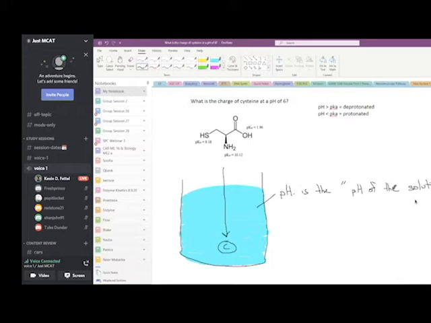And then pKa, the way I want you guys to think about this, the pKa is simply, quote, the pH of the substrate. So pH is the pH of the solution, pKa is the pH of the substrate. And one of the ways we can rationalize this out is that they're both power logs.